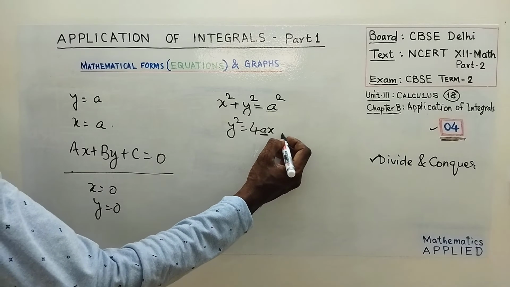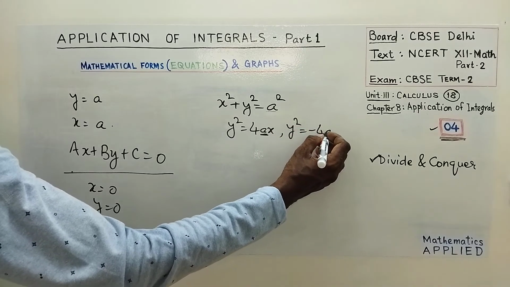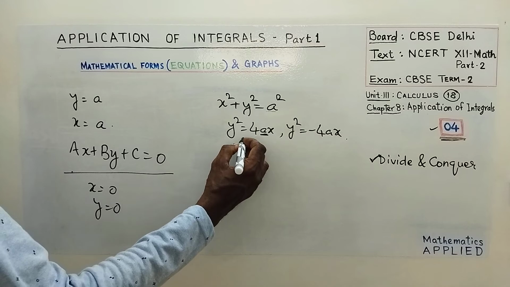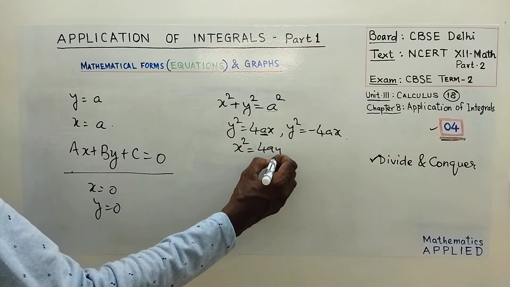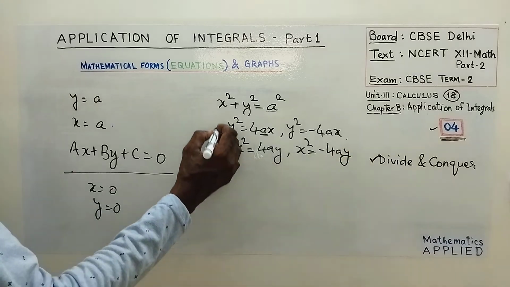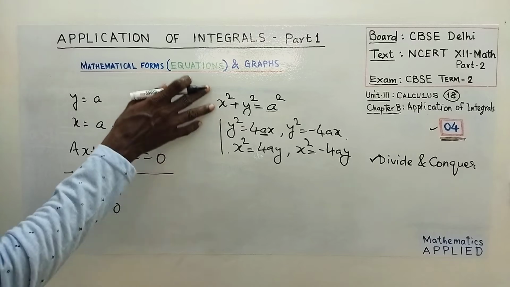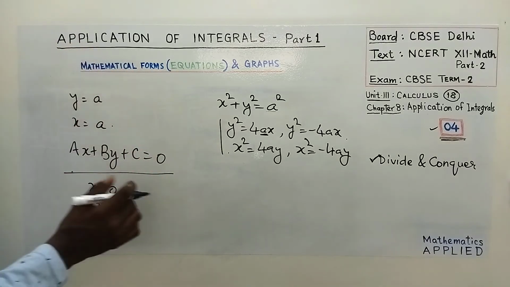You can refer to your 11th standard syllabus to understand that. Then y square equals minus 4ax, x square equals 4ay, x square equals minus 4ay, and these are the 4 forms of parabola. Only these curves are there in your syllabus.